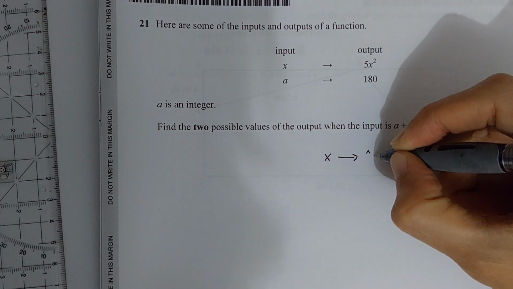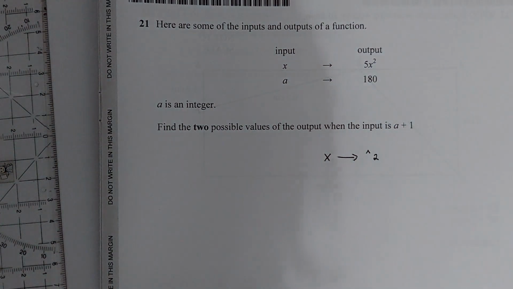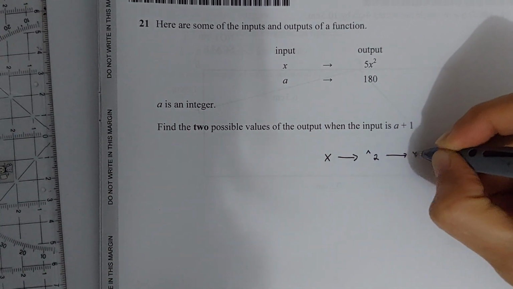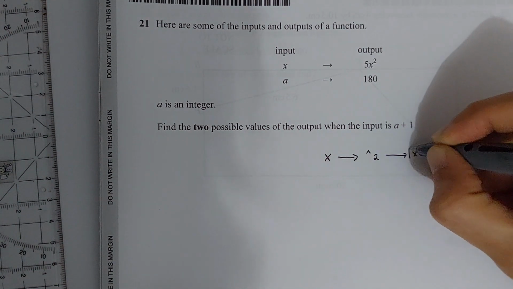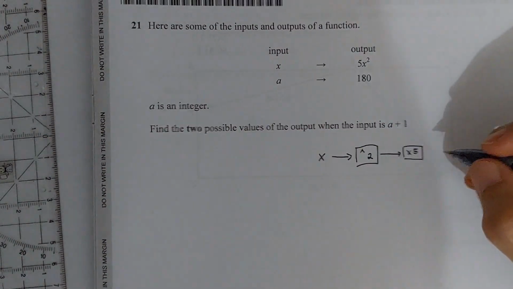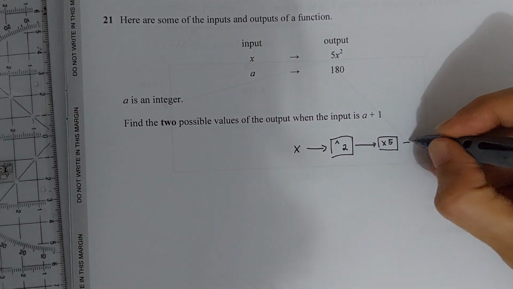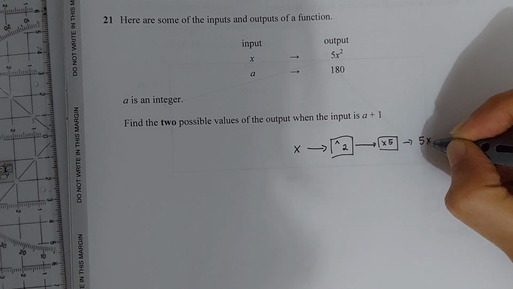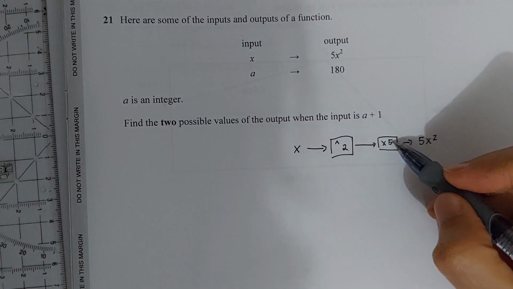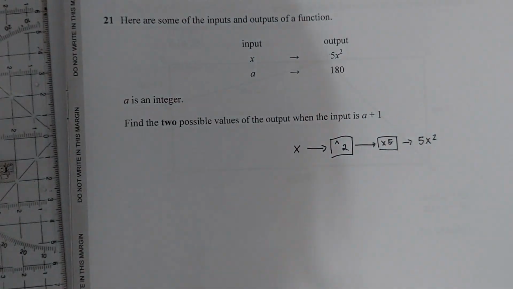Square by 2. After squaring, then I will times it by 5. Remember this operation, and it will give you 5x squared, right? X being squared, x squared times 5 becomes 5x squared.